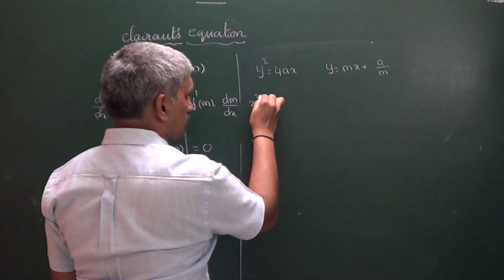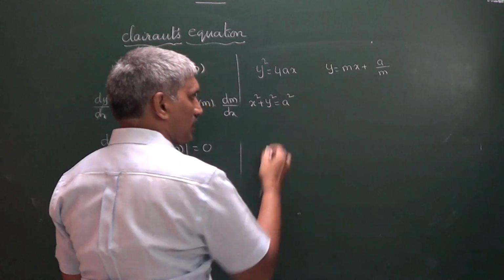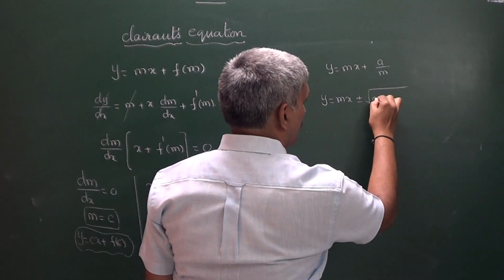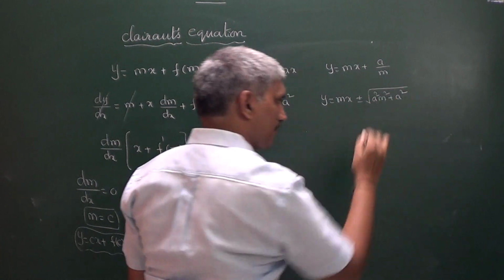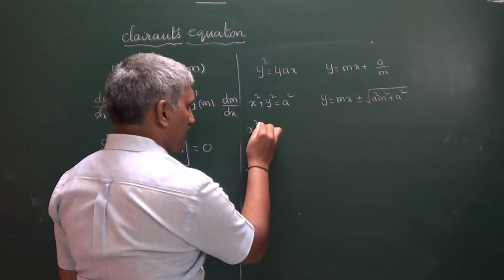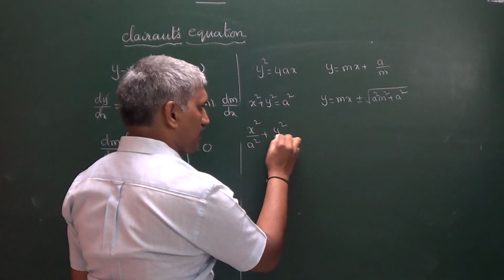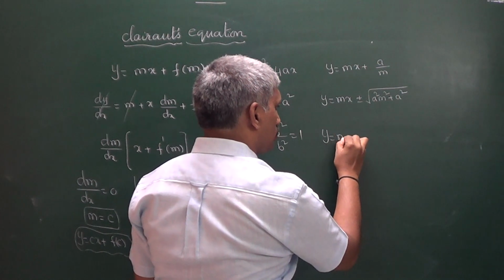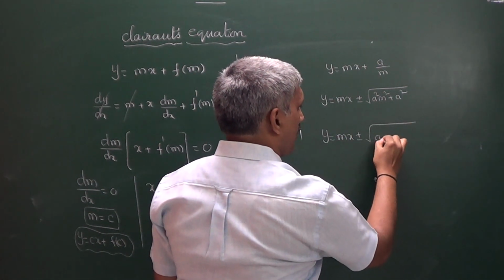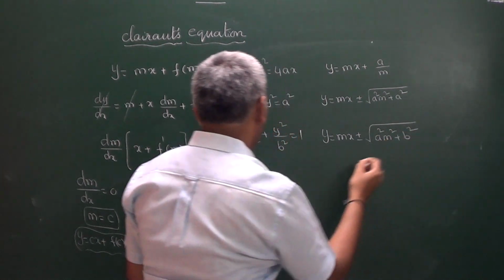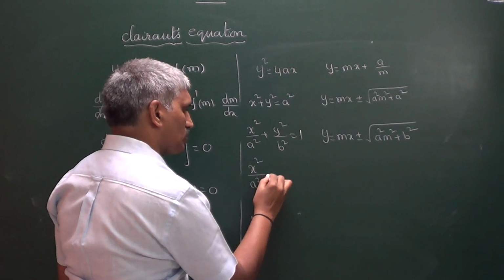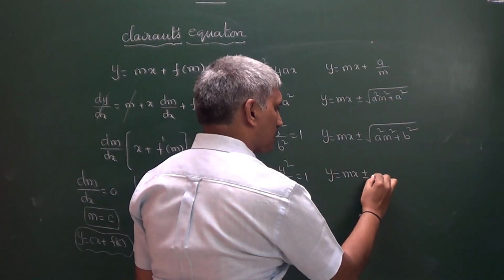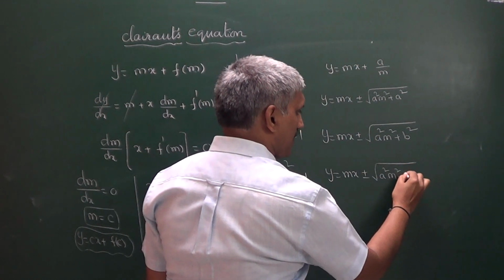At the same time, x² + y² = a² is a circle, and the equation of tangent is y = mx ± √(a²m² + a²). Next, for the ellipse x²/a² + y²/b² = 1, the equation of tangent in slope form is y = mx ± √(a²m² + b²). For the hyperbola x²/a² − y²/b² = 1, the equation of tangent is y = mx ± √(a²m² − b²).